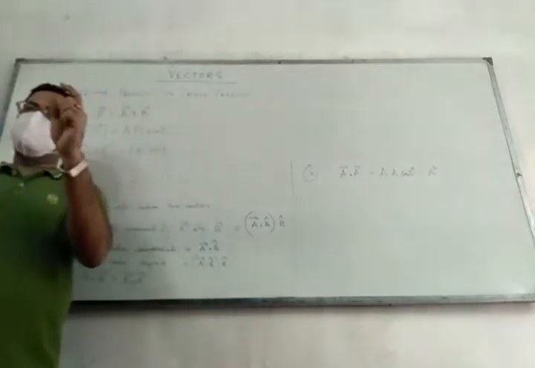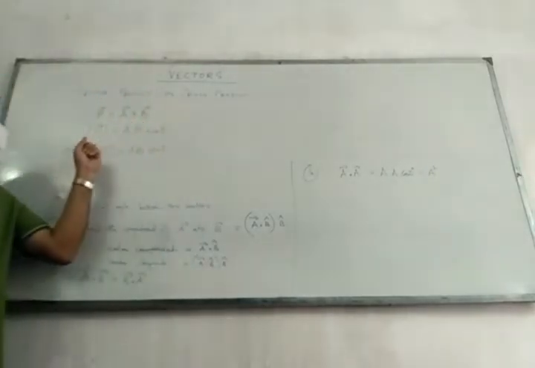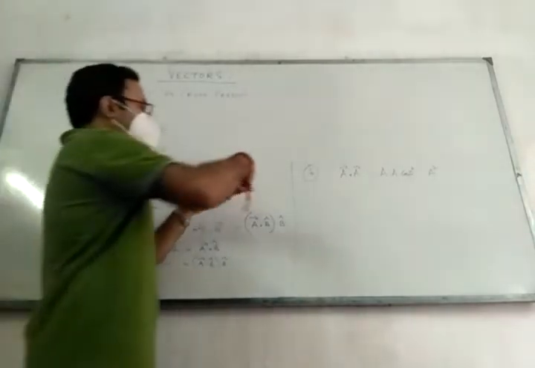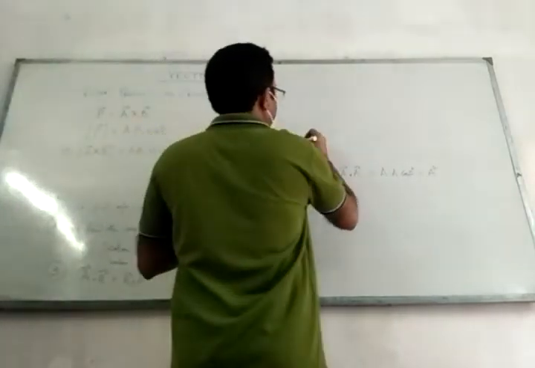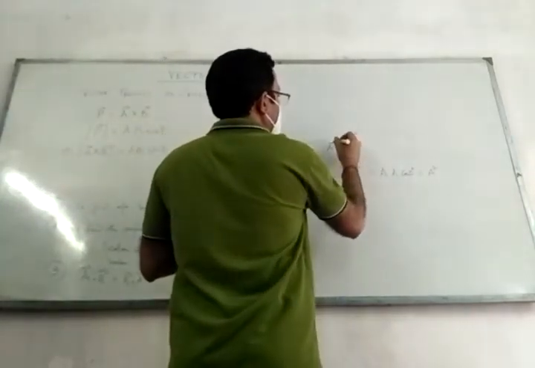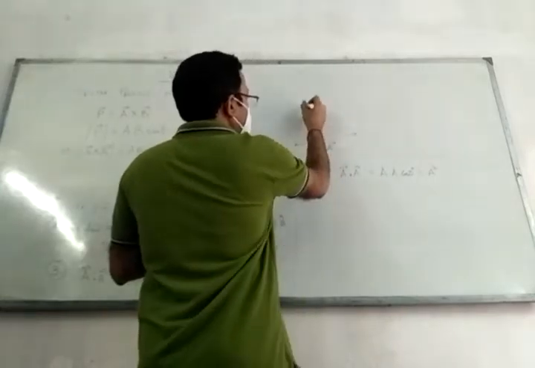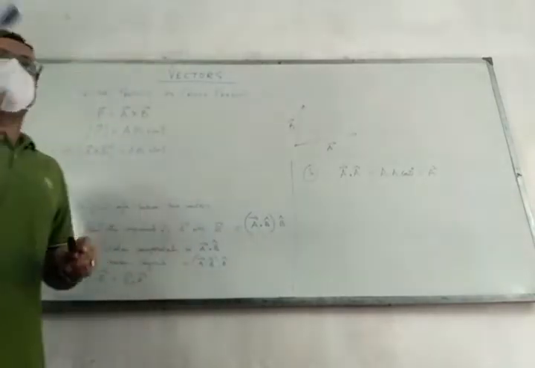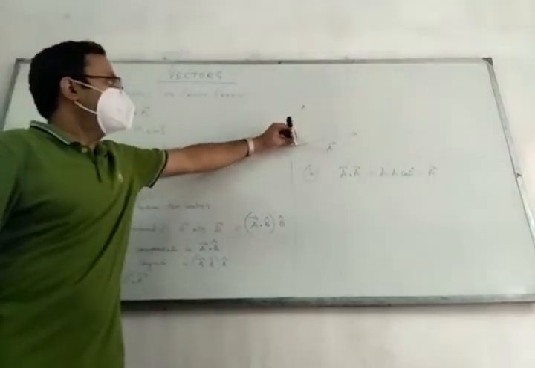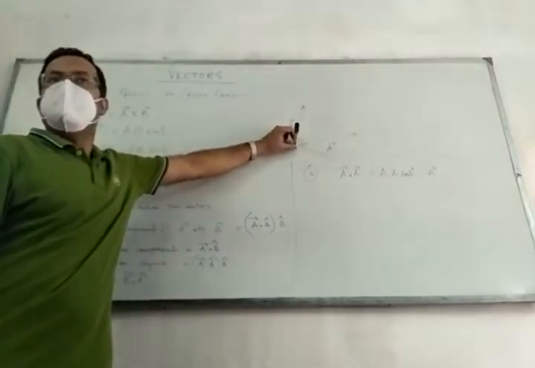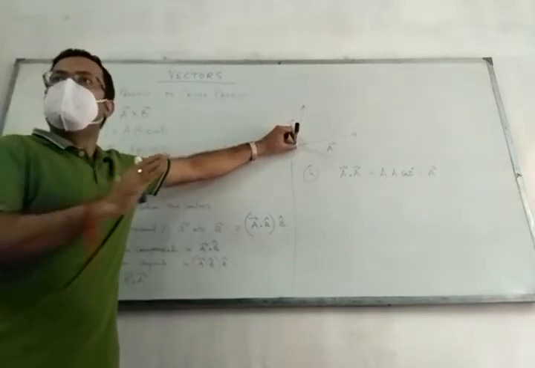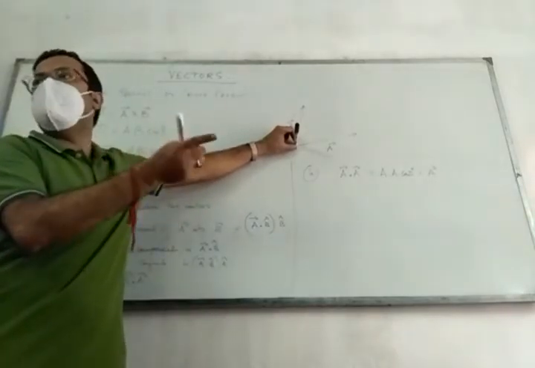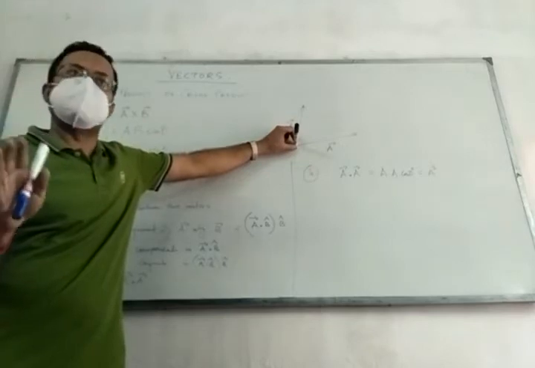If the two vectors are given by vector A and vector B, then the vector P is directed perpendicular to the plane in which A and B are present.